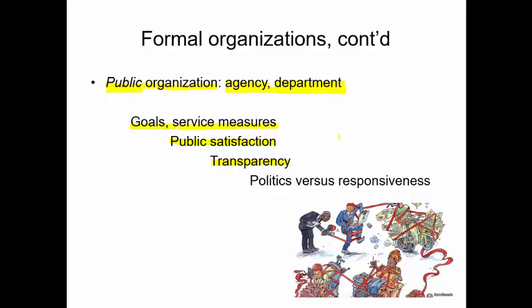You're just trying to deliver public goods and maintain public satisfaction through transparency, and trying to perhaps reach these goals through a designated budget. And if your budget is not enough, you may not be able to provide the public goods that you would like to, so you may need to increase your budget. That requires a political process to get more added to your budget.